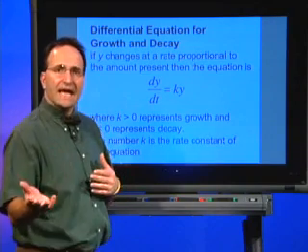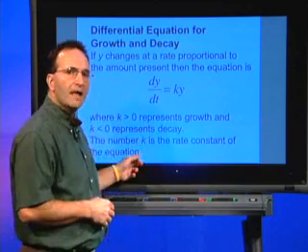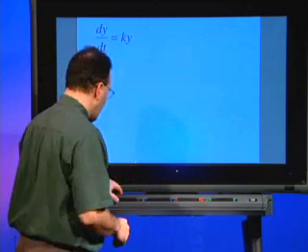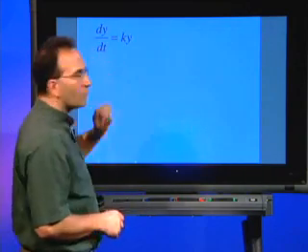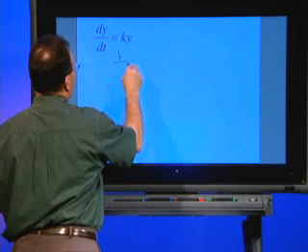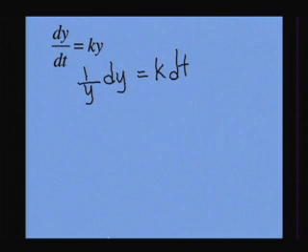Let's actually take that equation, dy/dt equals ky, and let's solve that differential equation. So the way we're going to do that is, of course, to separate them out. So what we have is 1 over y dy equals k dt.